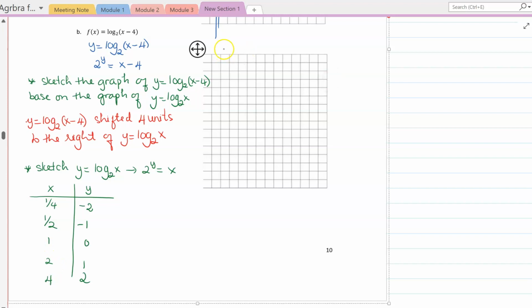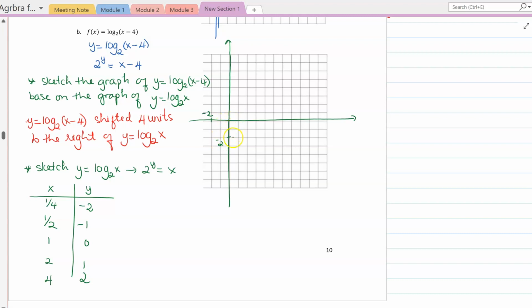So let's start with this graph. 1/4, negative 2. 1/2, negative 1. 1, 0. 2, 1. 4, 2.